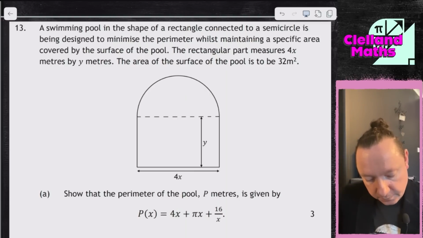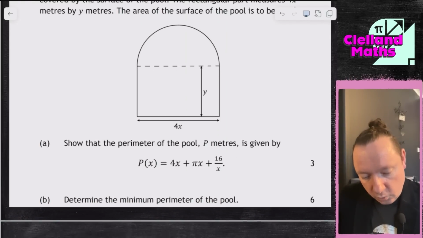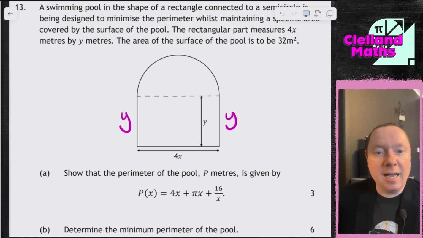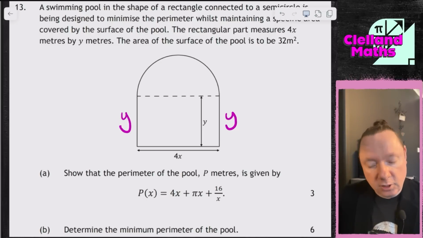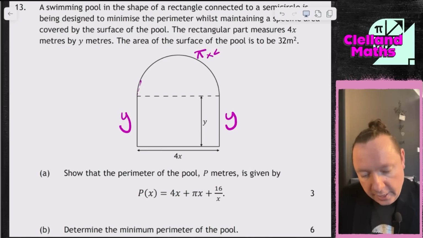Right, let's have a look at this then. So the perimeter is going to be 4x plus a y plus a y. That's happy enough so far. Plus this semicircular part. So if I write that out, we've got y here and we've got y there. Semicircle is half of the circumference, and the circumference is pi times diameter. So this bit here is pi, and the diameter is 4x.